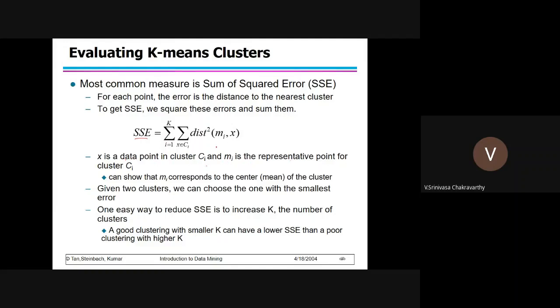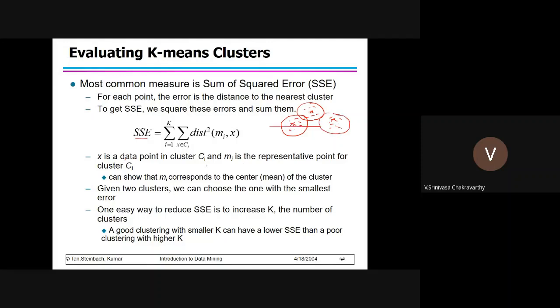So if you have, let's say, three clusters, there are some points here, some points here, some points here. For all these data points, calculate the distance to its centroid and do the sum of distance squared. Then similarly for all these data points, do the sum of distance squared to this centroid, and similarly for this.